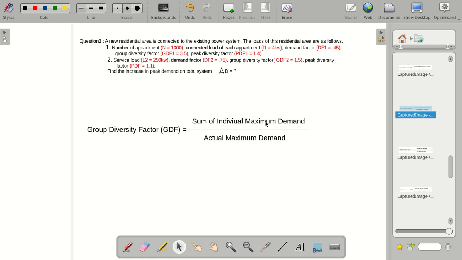As a result, the actual maximum demand will be less than the sum of the individual maximum demands of the three lights. This is why group diversity factor is used, because you will not turn on the lights at the same time. As a result, the group diversity factor is always greater than 1.